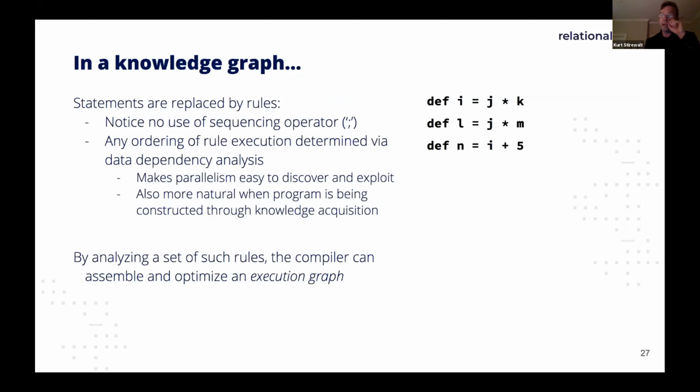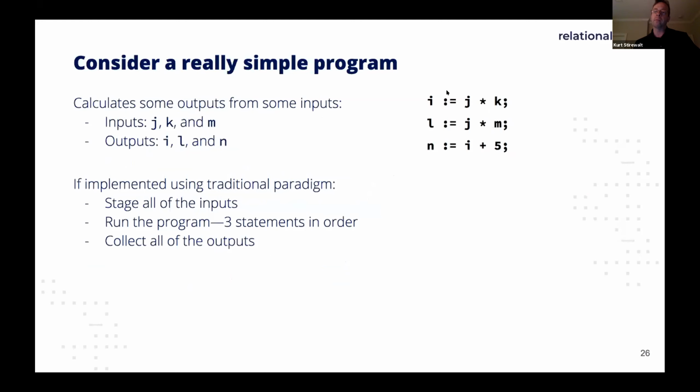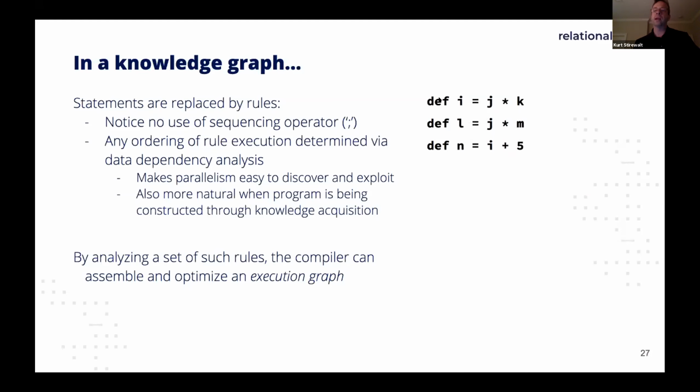Now, by contrast, in a knowledge graph, if you want to implement the same program, we'd replace each of the statements by rules. I don't know if you saw it from the previous slide, but the assignment statement and the semicolons went away. Instead, I'm replacing them with rules, right? And no sequencing or ordering there. There's no inherent ordering over the rules.